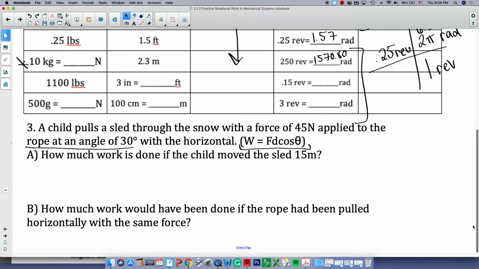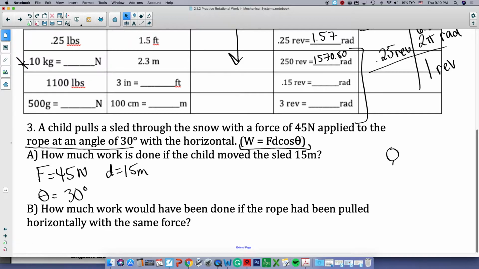All right, so we have a force of 45 newtons. We have an angle of 30 degrees. And then A, so that's how much work is done if the child moved the sled 15 meters. So our distance equals 15 meters.